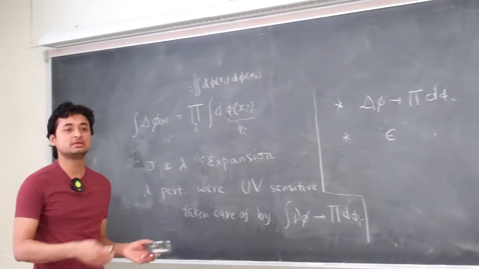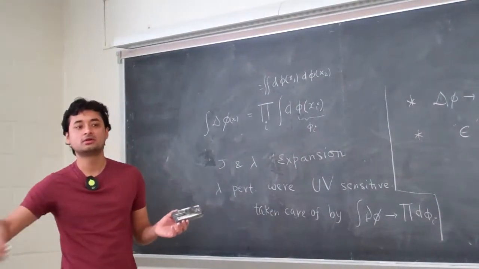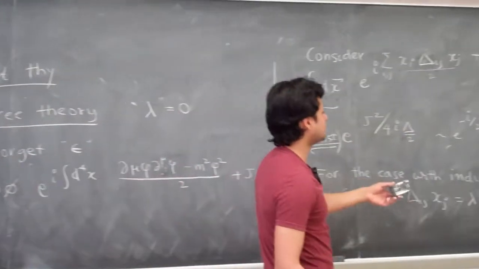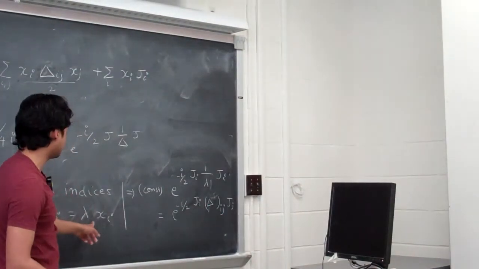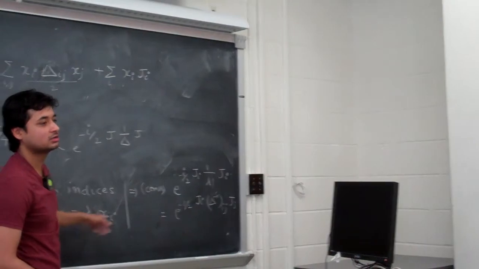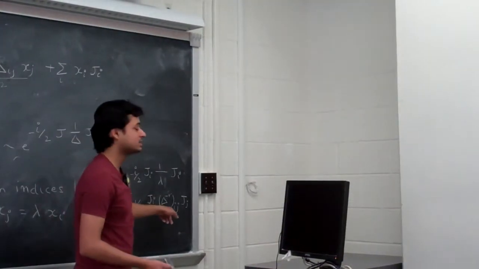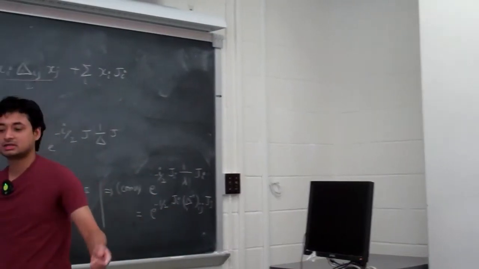So delta inverse is simply the diagonal matrix with each element replaced by 1 over delta. If you do it correctly, you will get a delta inverse here. That will generalize to delta inverse.